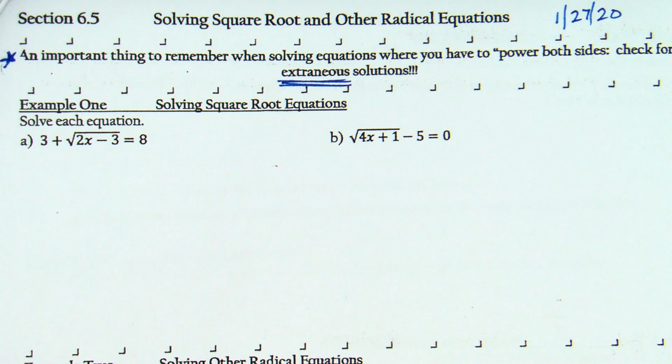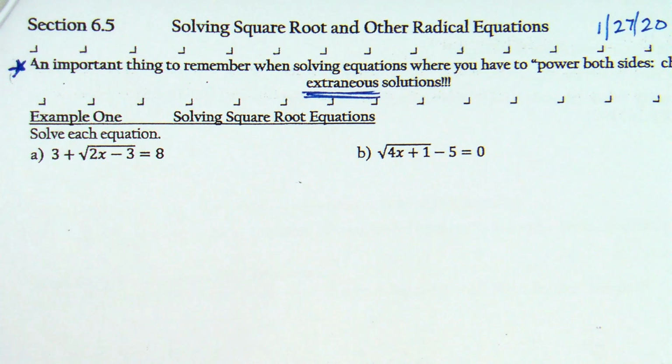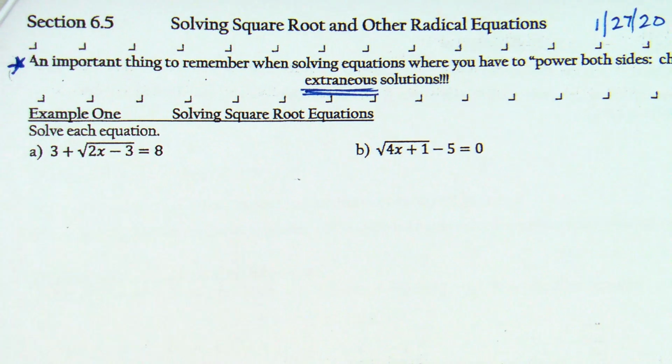Now, as we look at example 1A, these are equations that you could have seen in Algebra 1. A is 3 plus the square root of 2x minus 3 equals 8. Any thoughts or ideas on how to solve this? Ashley? You subtract the 3 over. And what's my goal in subtracting the 3?